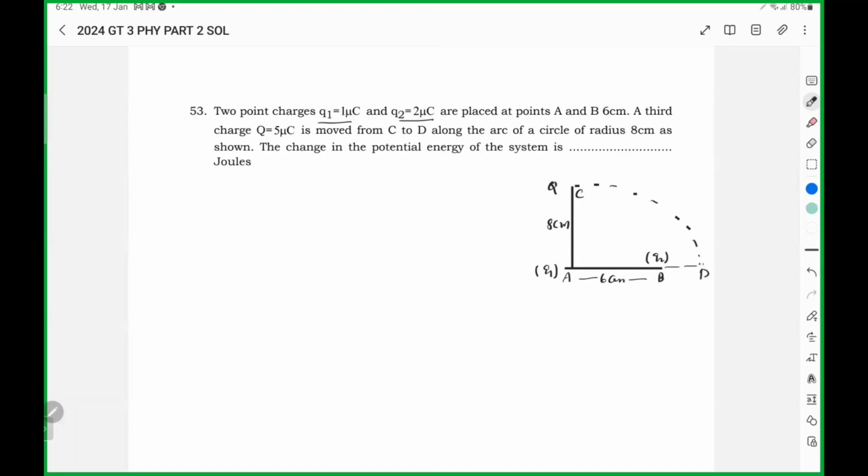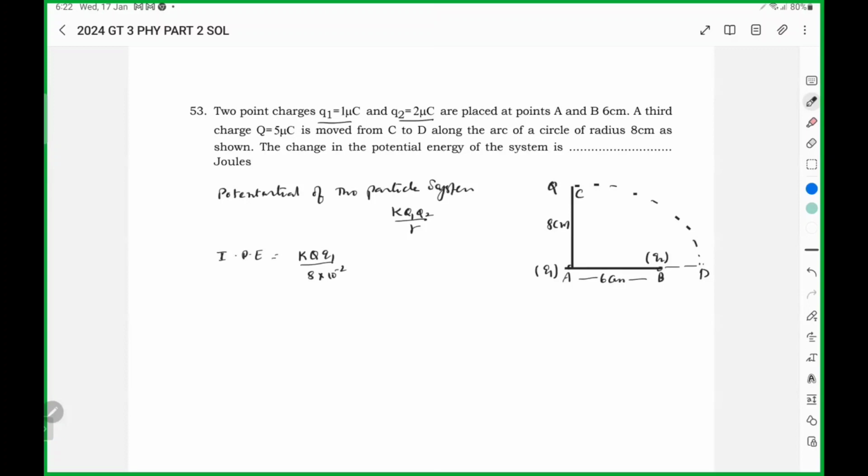Now the change in potential energy. Potential energy of a two particle system is K Q1 Q2 by R. Initial potential energy: K Q Q1 by 8 centimeters, that is 8 into 10 power minus 2.